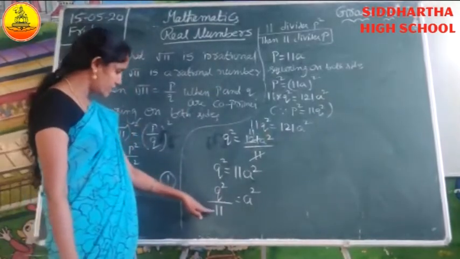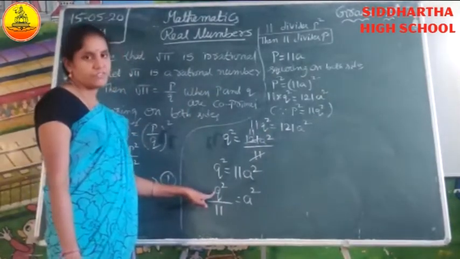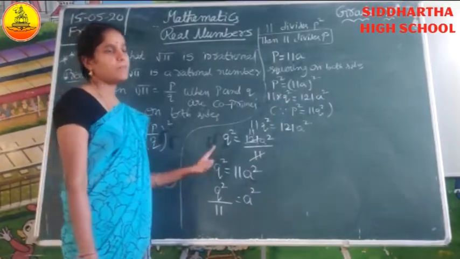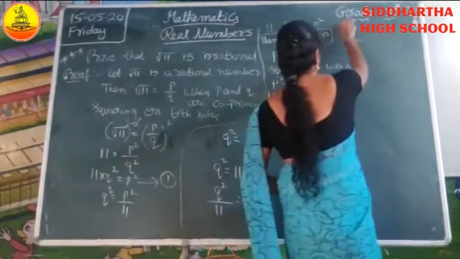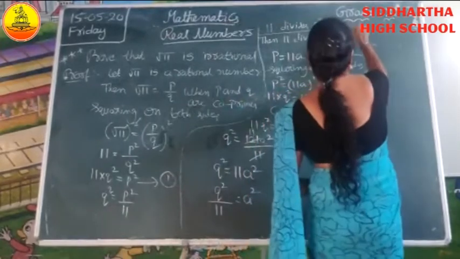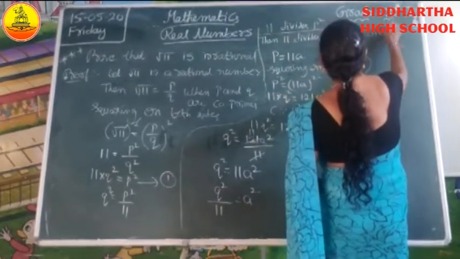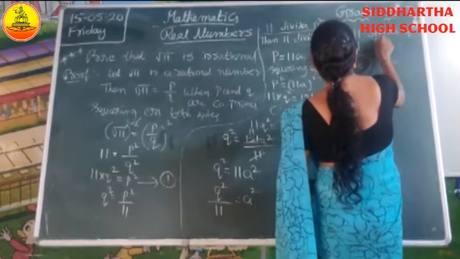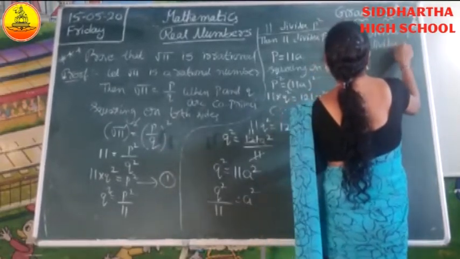What is the meaning of this? 11 divides Q square. Then 11 divides Q also according to the theorem. Here what we have to write? 11 divides Q square. Then 11 divides Q.